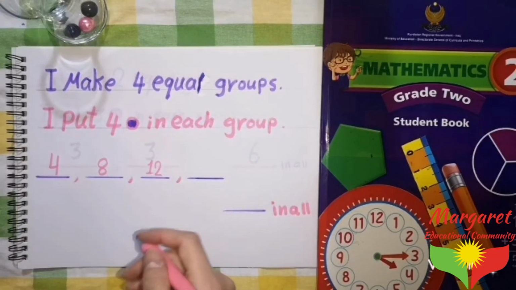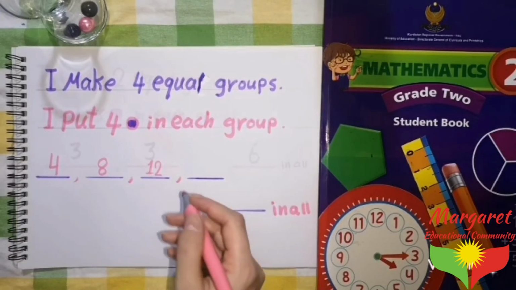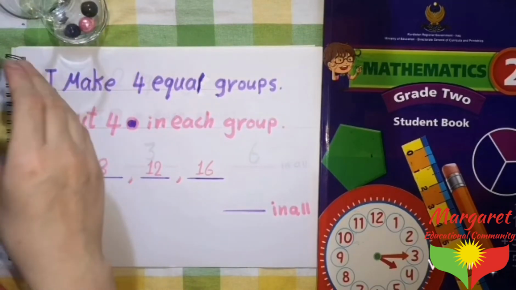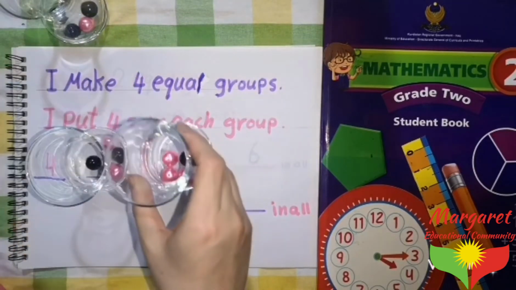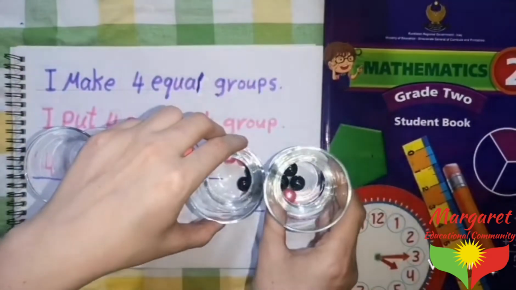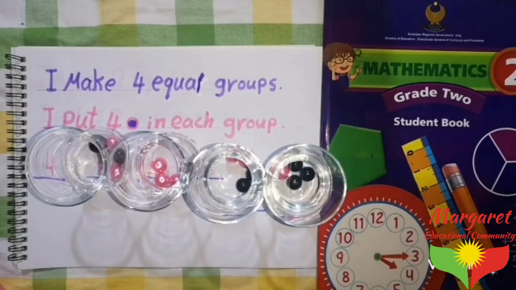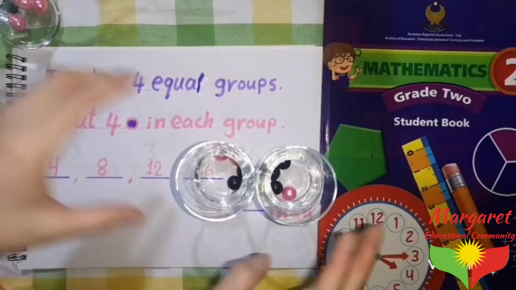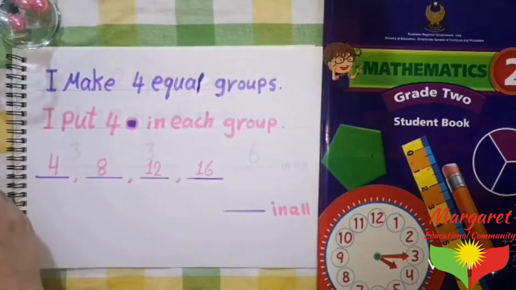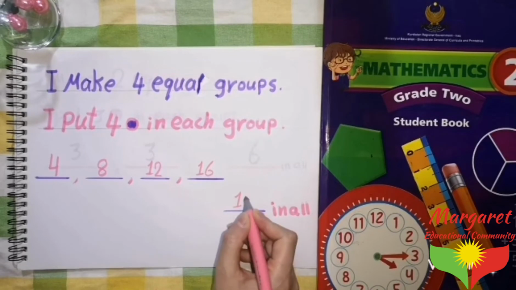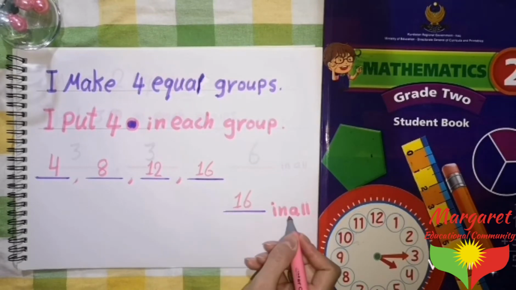Then we add 4 more beads. Yes, is 16. So we have 1, 2, 3, and 4. 4 groups of 4 beads. Okay, honey students? So how many beads in all? 16. So we write 16 beads in all.